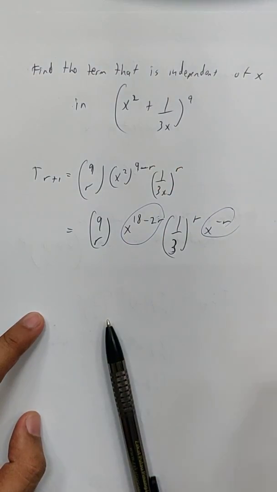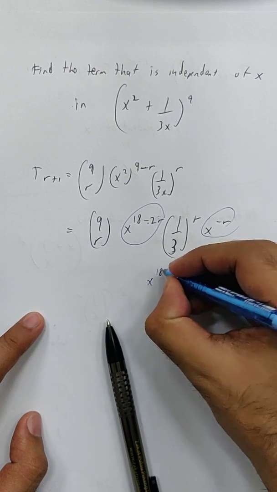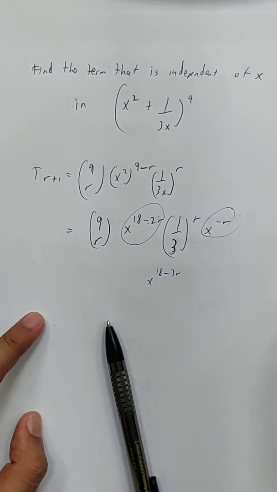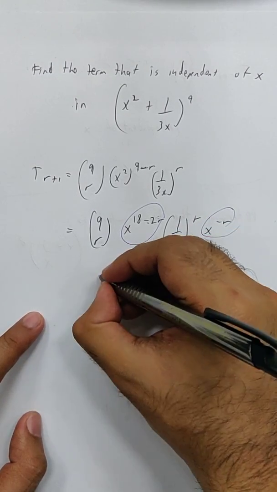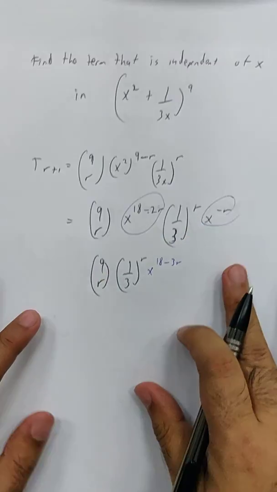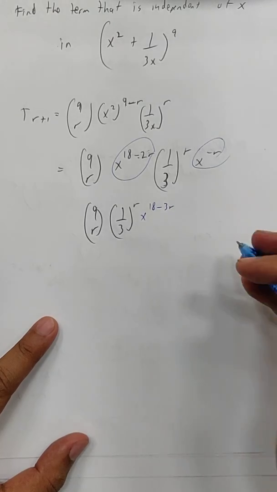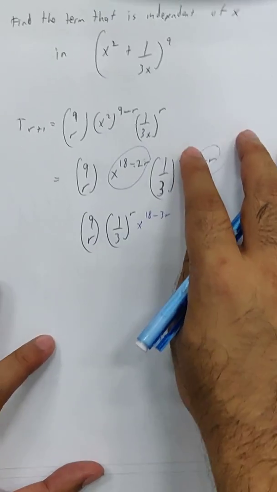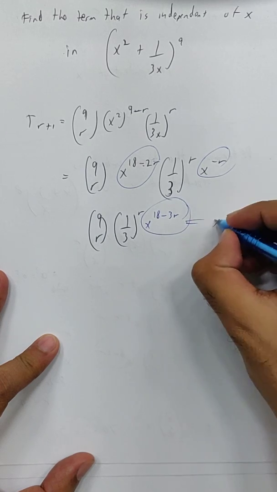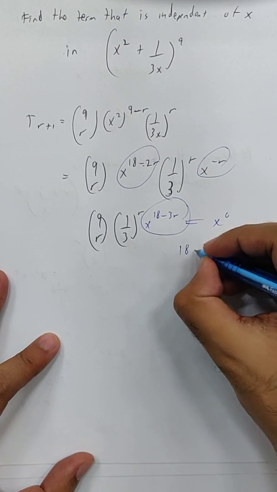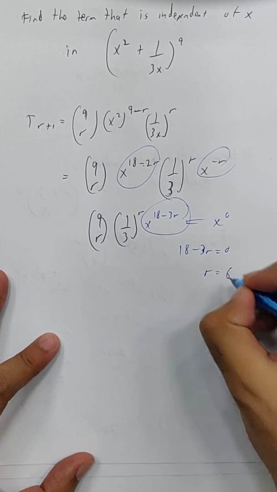So these two, I'll get x^(18-3r) times (1/3)^r, 9Cr. Okay, so I'm comparing this to independent of x, equals x^0. So 18 - 3r = 0. r is 6.